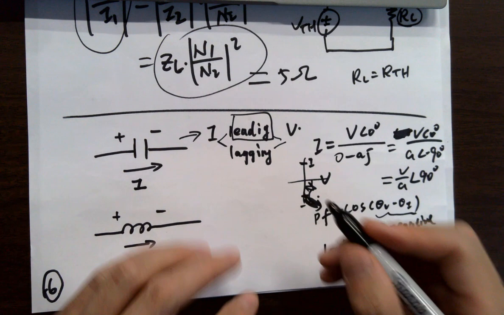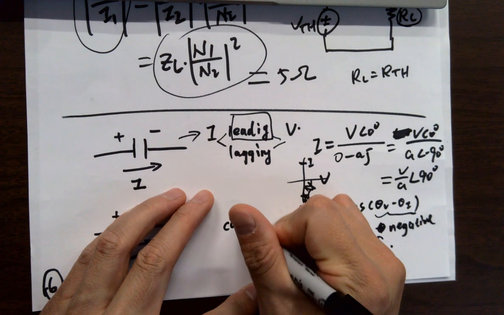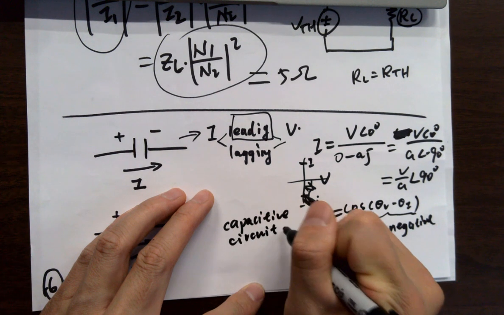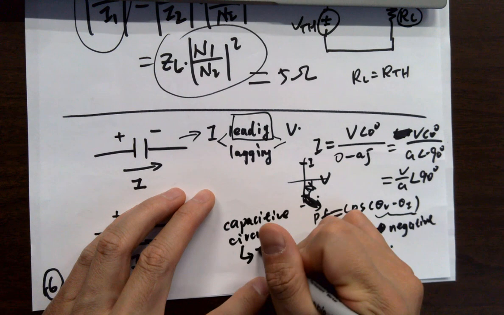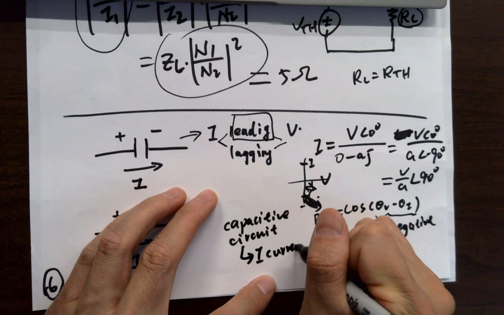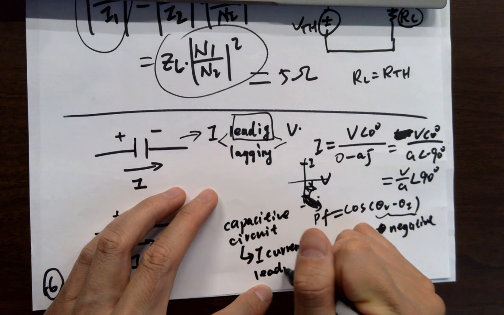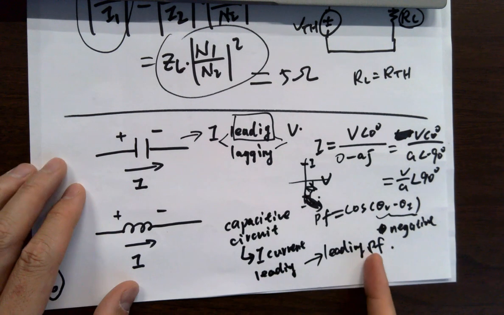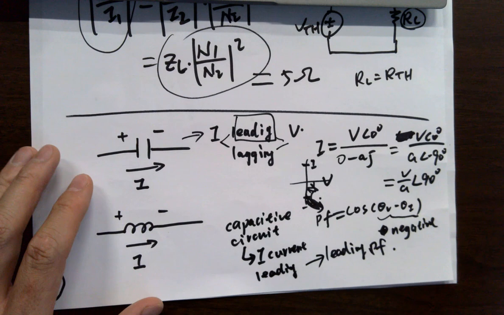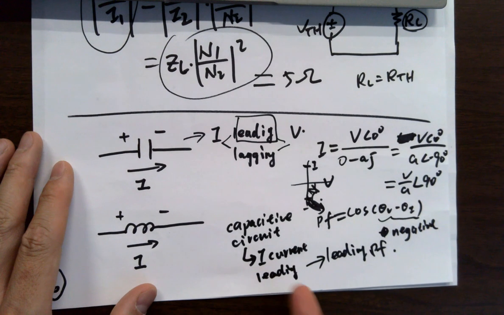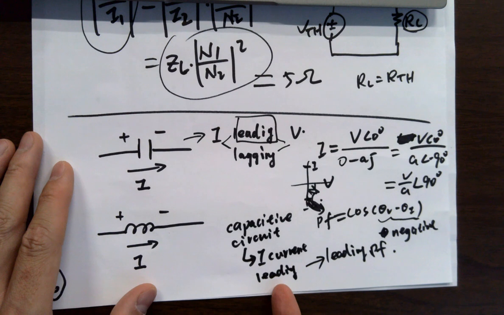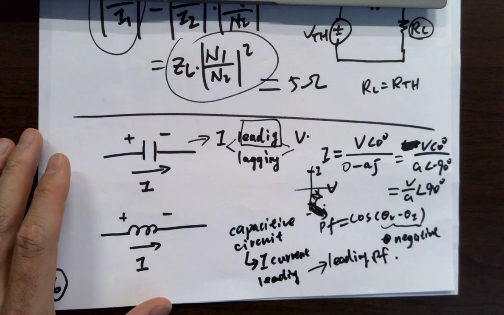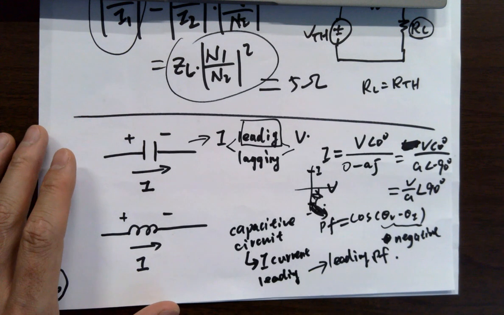So the conclusion here is, if it's a capacitive circuit, the current must be leading. If the current is leading, it's giving you a leading power factor just by definition. One of the questions on the final is asking you if it's a leading or lagging power factor.